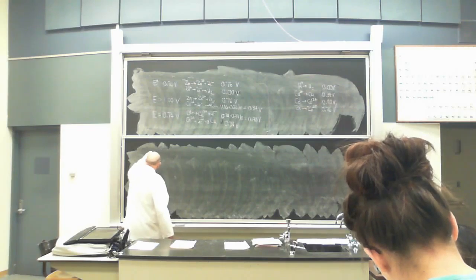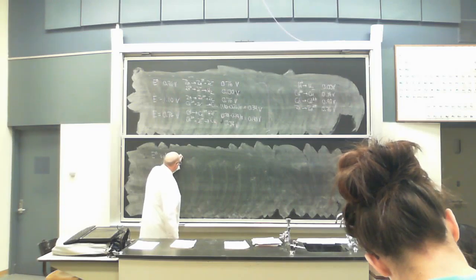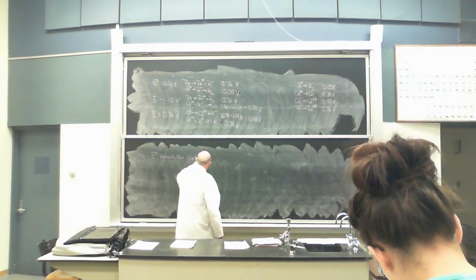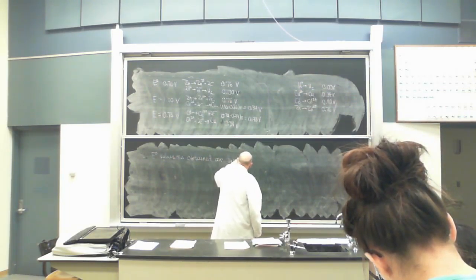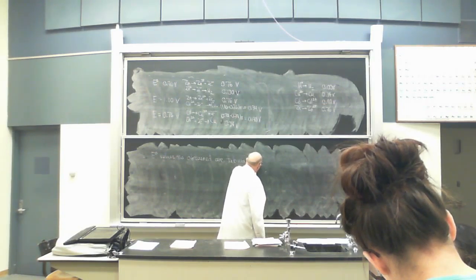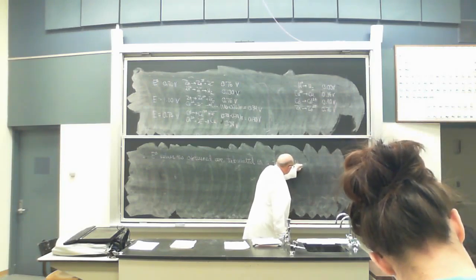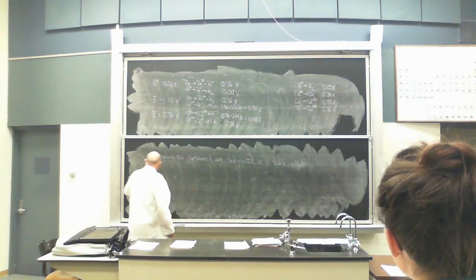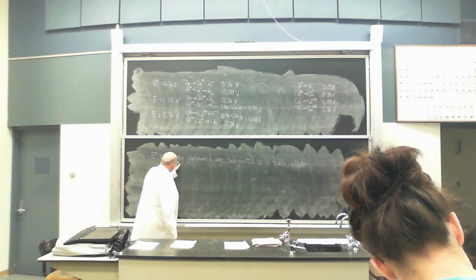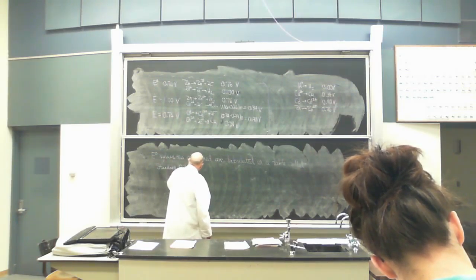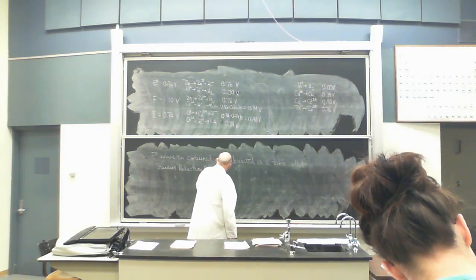So these E0 values so obtained are tabulated in a table called a standard reduction potential table.